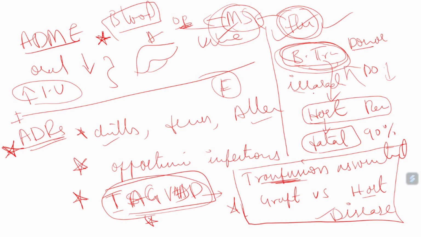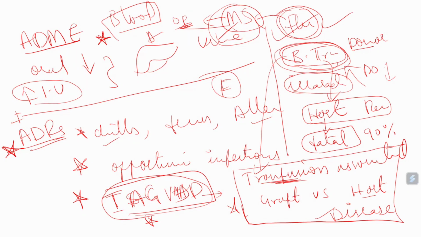And this irradiated blood should be infused to the patient. Clear? To overcome transfusion associated graft versus host disease, we have to irradiate the donor's blood, or whatever the culture or blood, and that is transfused to the patient. Clear? That is an important point you have to remember about fludarabine.